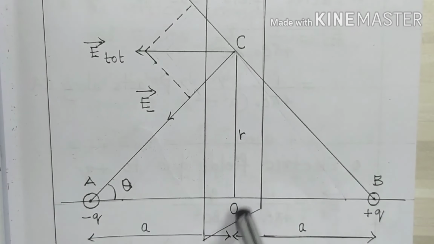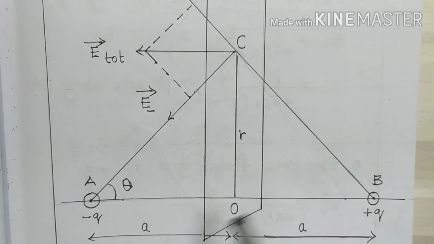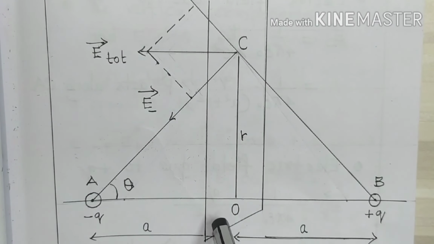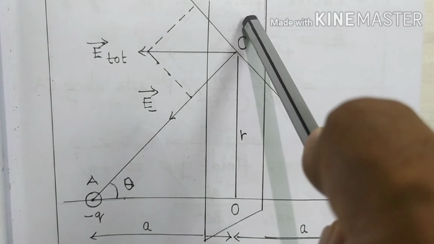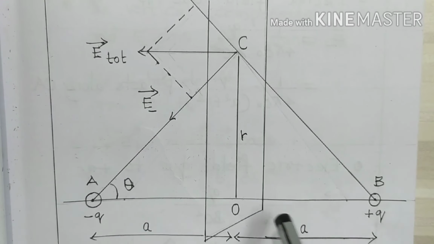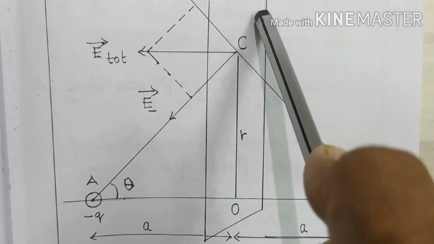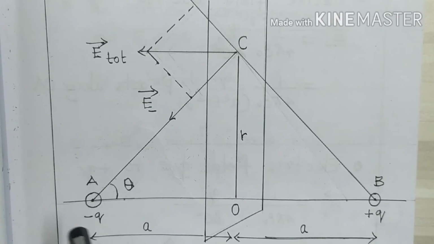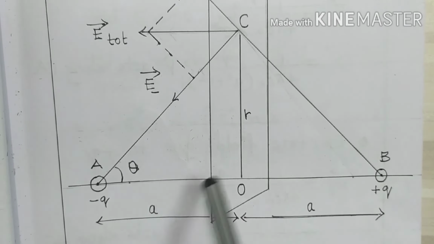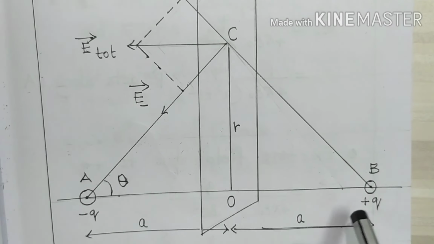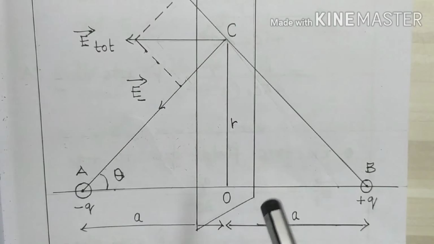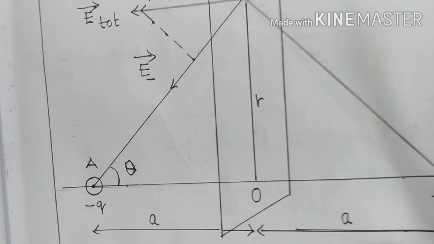Here also we need to apply the Pythagoras theorem. So AC squared is equal to AO squared plus OC squared. Similarly here BC squared is equal to BO squared plus OC squared. Here what is AO? Small a. Then what about OC? Small r. Similarly here BO is small a and OC is r. We need to substitute these values.